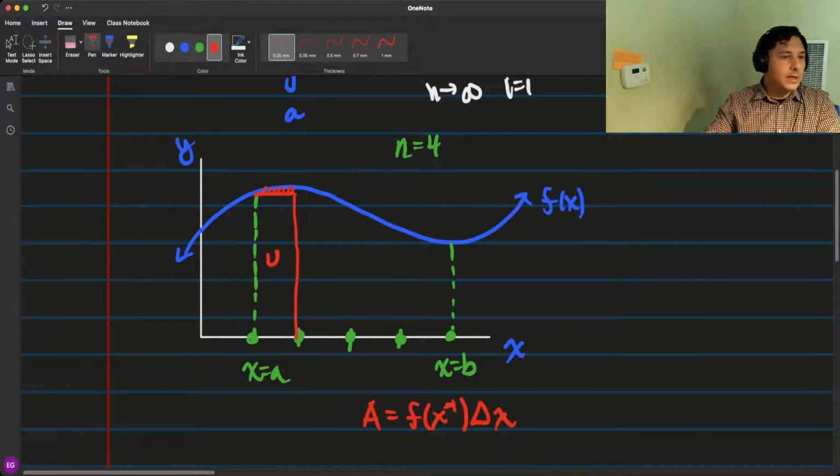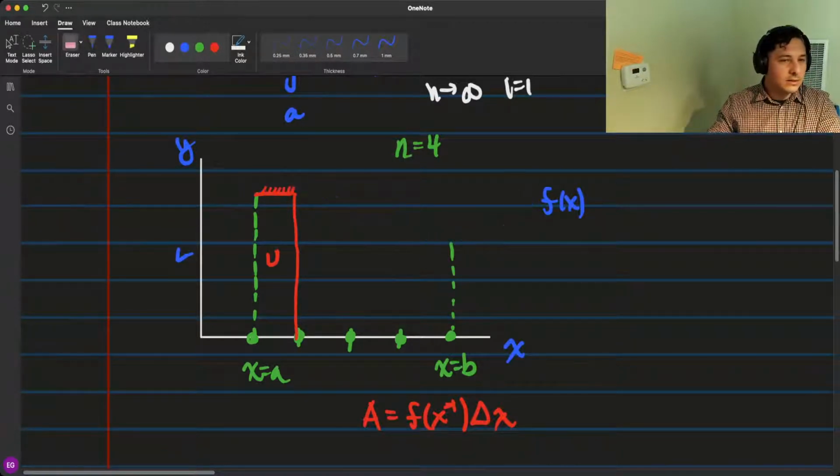And you can also choose the right endpoint. Actually, I'm going to change what my function looks like a little here.